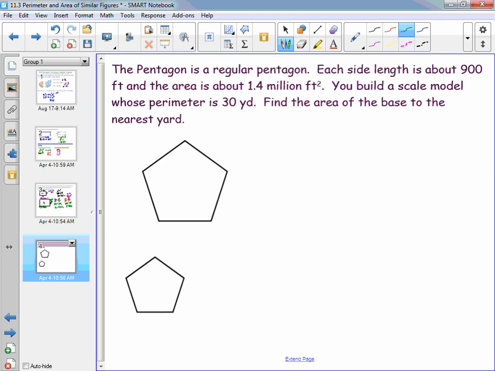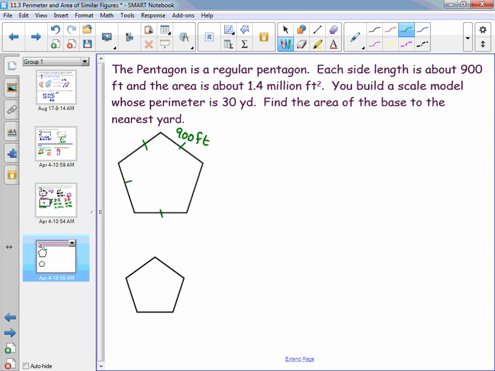So we got here the regular pentagon has sides that are about 900 feet. And again, they're all congruent. And the area is 1.4 million square feet, or 1,400,000.